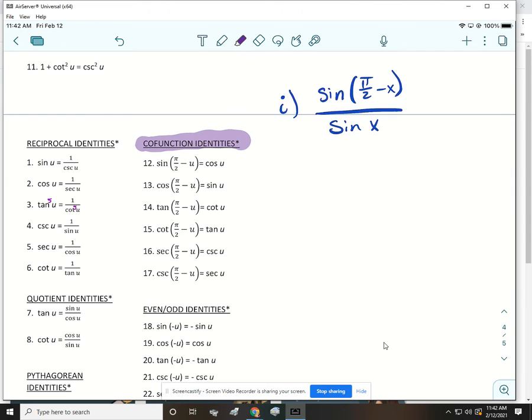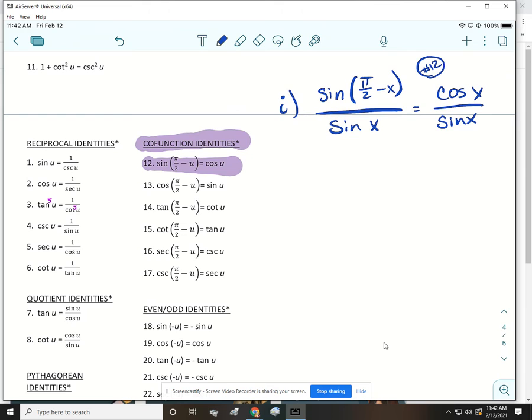And according to number 12, if you have the sine of pi over 2 minus a variable, it's equal to the cosine of that variable. So that numerator is going to be cosine of x, and the denominator is going to stay what it was. All right, and just to write yourself a note, we use number 12 to do that.